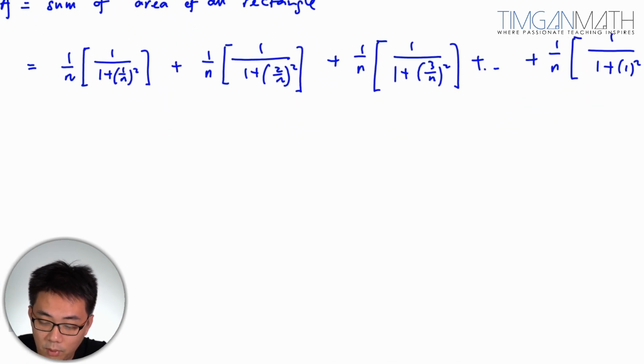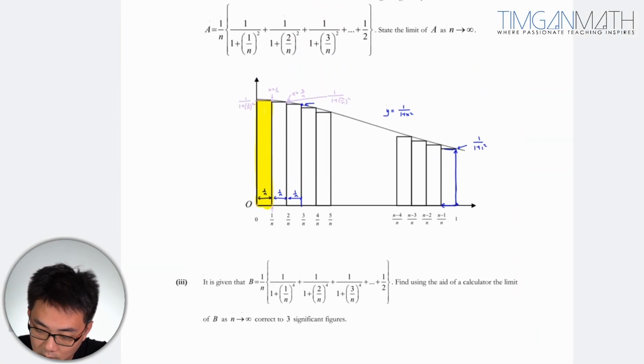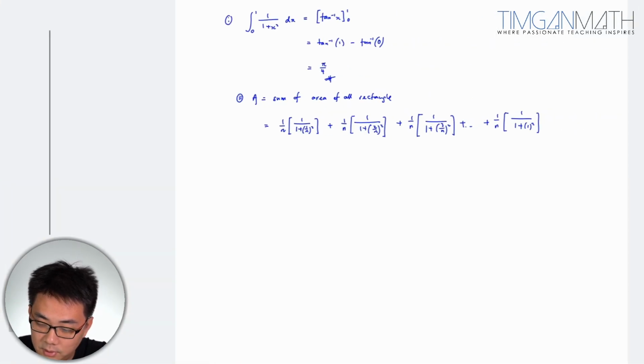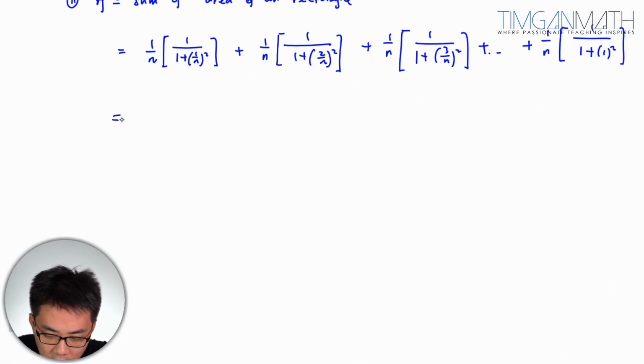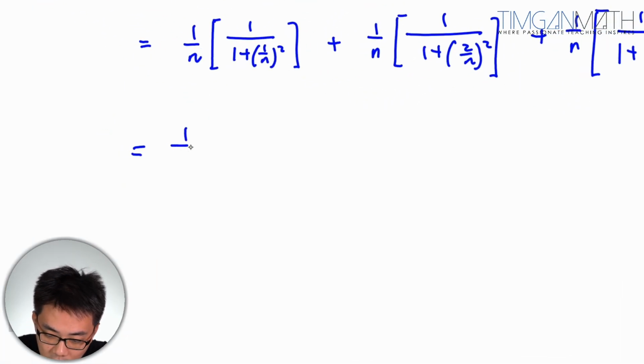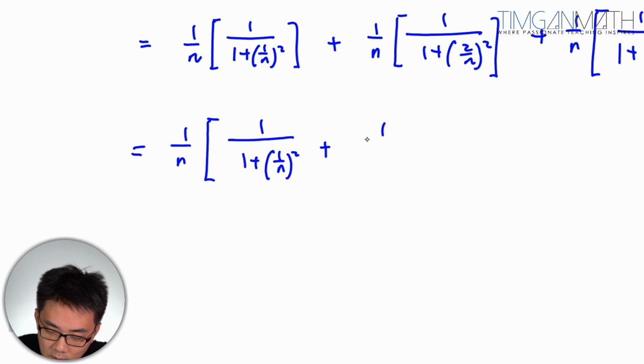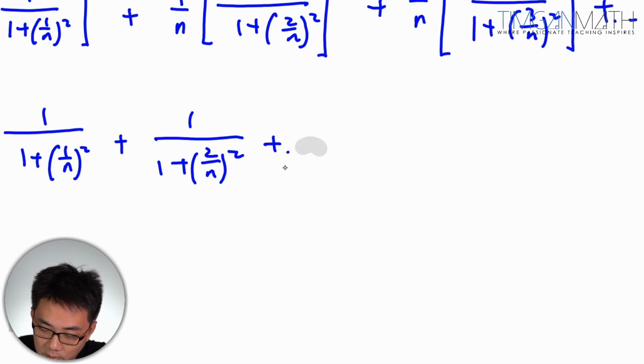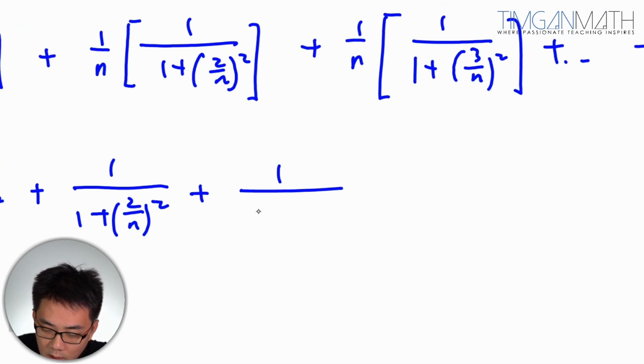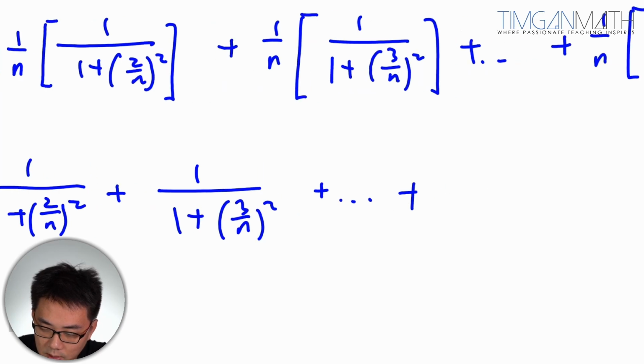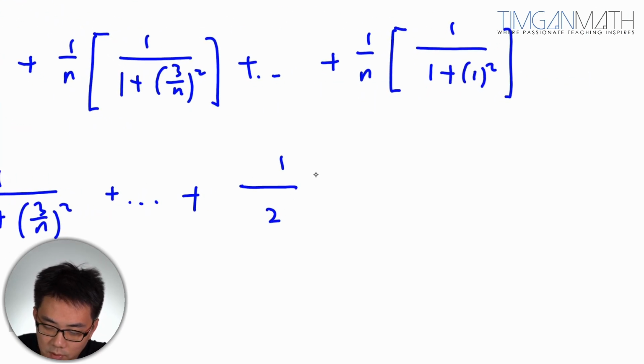So now what we need to show is, taking the 1 over n out, I'm going to just factorize 1 over n out. So we have 1 over n times 1 over 1 plus (1 over n) squared, plus 1 over 1 plus (2 over n) squared, plus 1 over 1 plus (3 over n) squared, plus dot dot dot, plus 1 over 2.